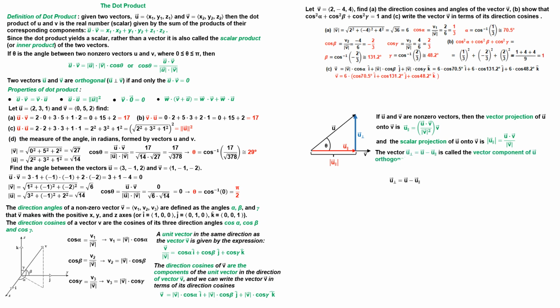This shows that any vector u can be represented as a sum of two vectors, one parallel to vector v and another perpendicular to vector v. Let's see how it works.